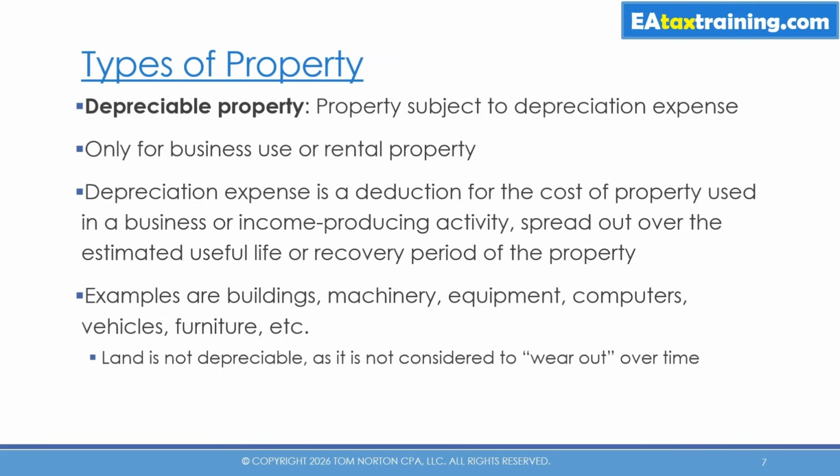So that is what depreciation is all about. So you're taking into account that most assets that you buy are going to wear out over time, and eventually they're not going to be useful to you at all. So examples of the types of property that are depreciable are buildings, machinery, equipment, computers, vehicles, furniture, etc.